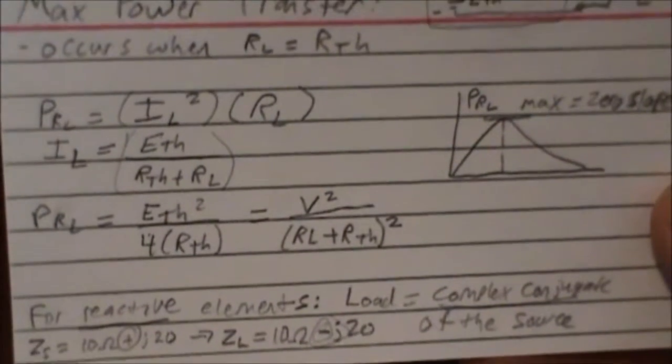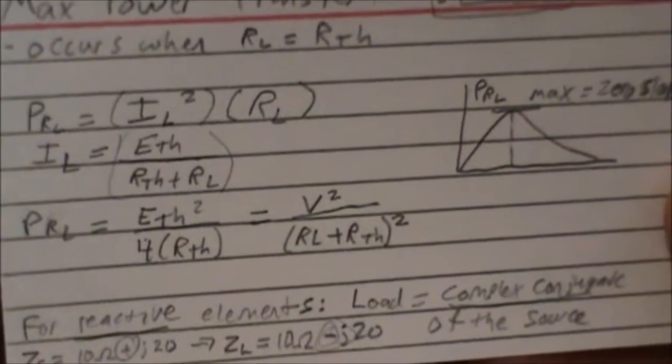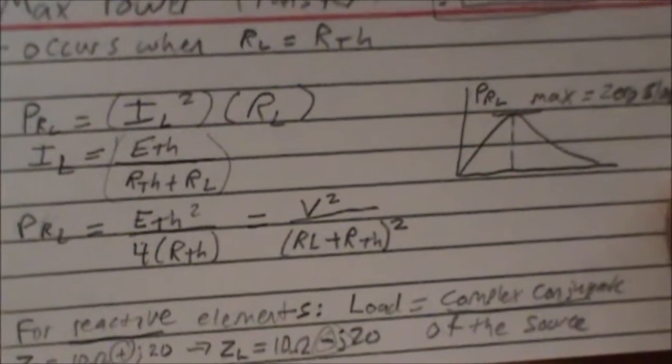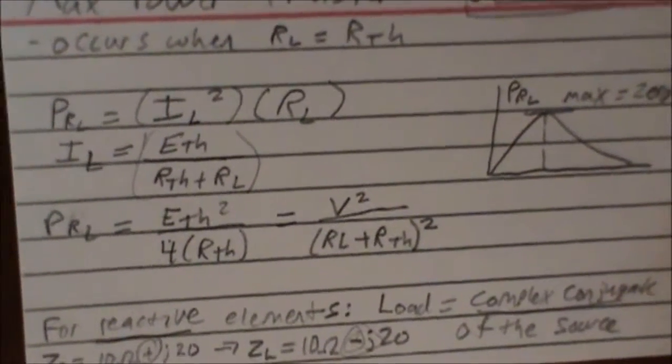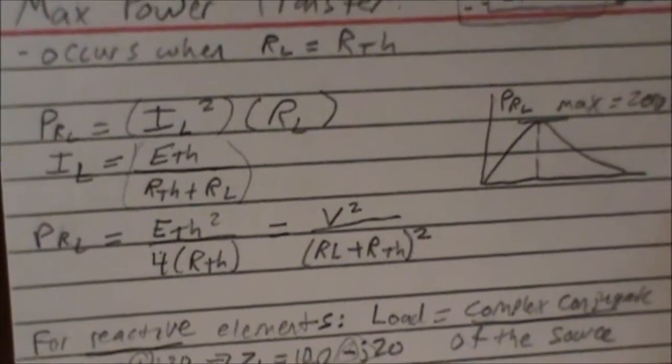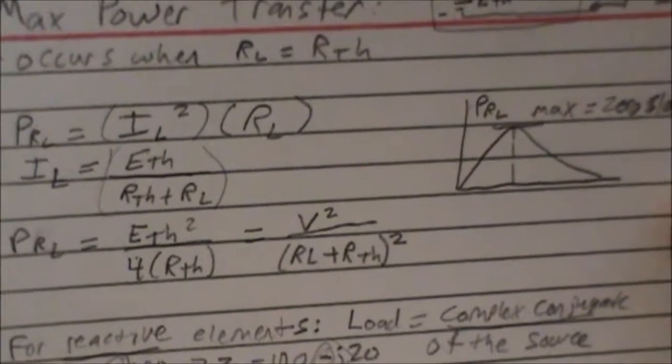And here we do get into some power calculations. See, P sub R sub L, the power of the load resistor, is I squared R, and I squared R is one way to find power.